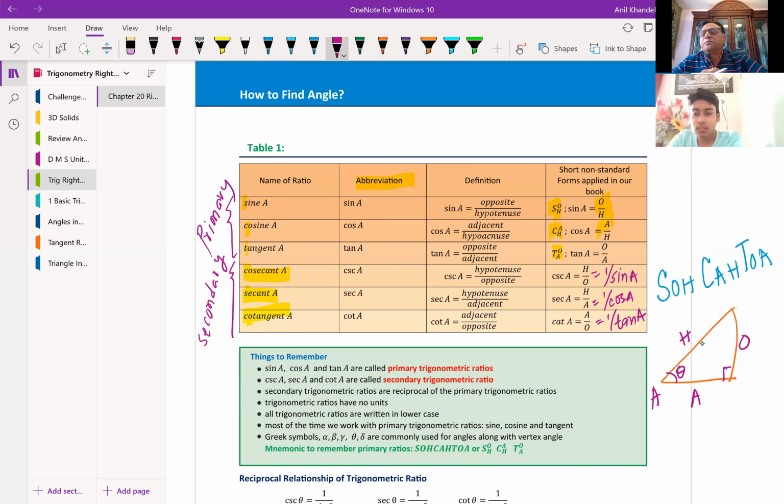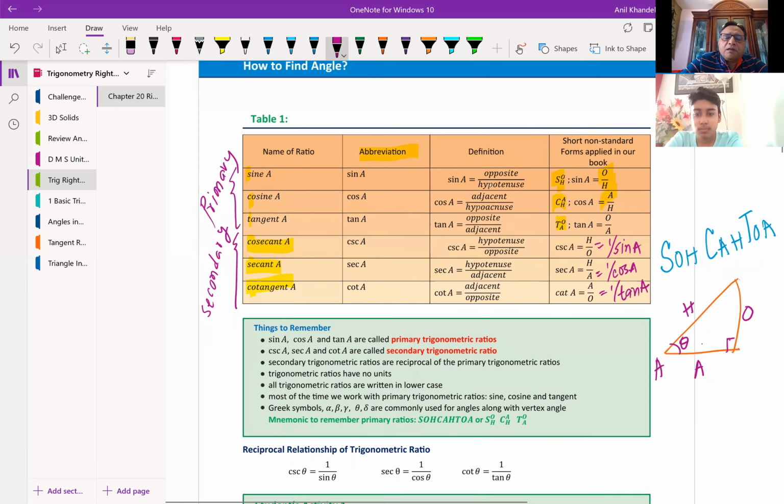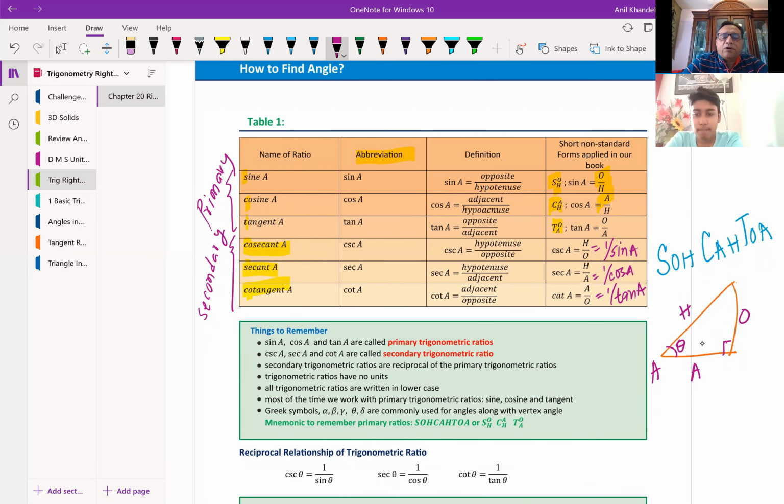So these are reciprocal ratios in a particular triangle. If you find one, the other one is a reciprocal number. Now, things to remember: sine A, cos A, tan A are called the primary trigonometric ratios. Cosecant A, secant A, cotangent A are called secondary trigonometric ratios. Secondary trigonometric ratios are reciprocal of primary trigonometric ratios.